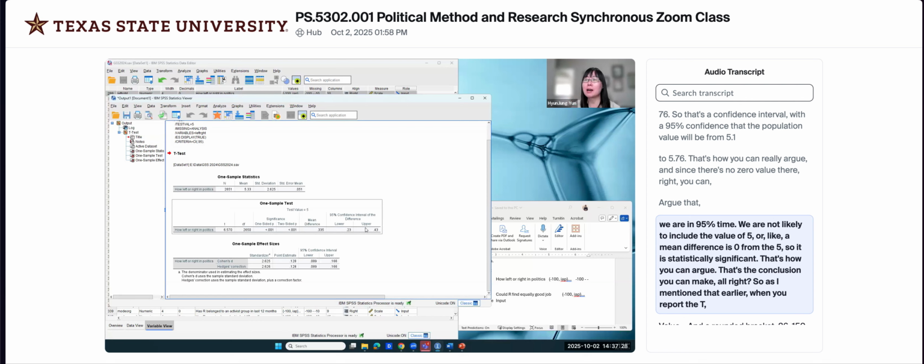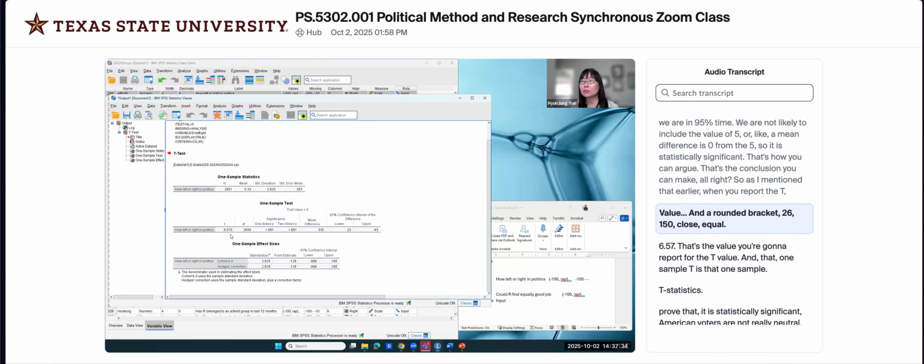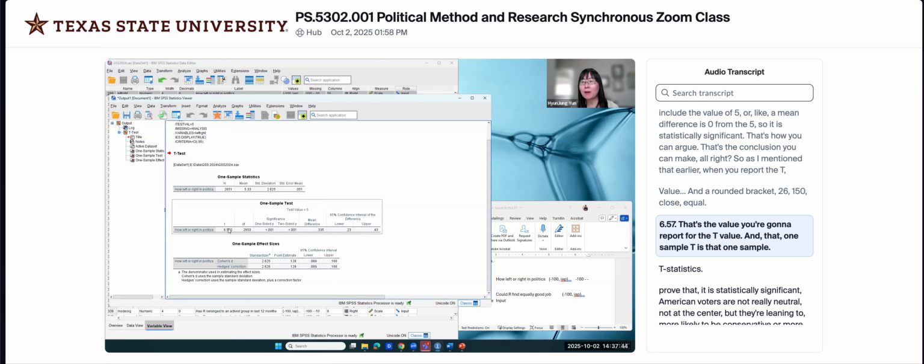All right. As I mentioned earlier, when you report the t-value, in rounded brackets 2650 close, equals 6.57. That's the value you're going to report for the t-value.